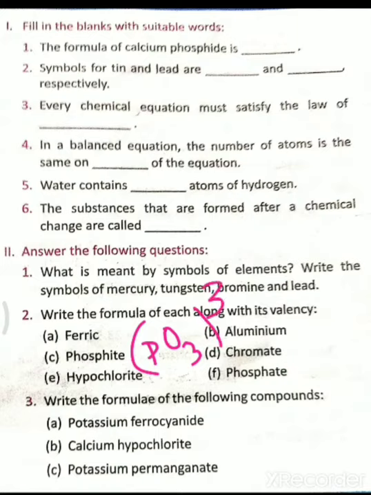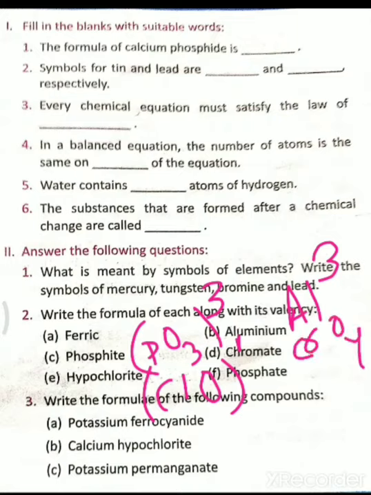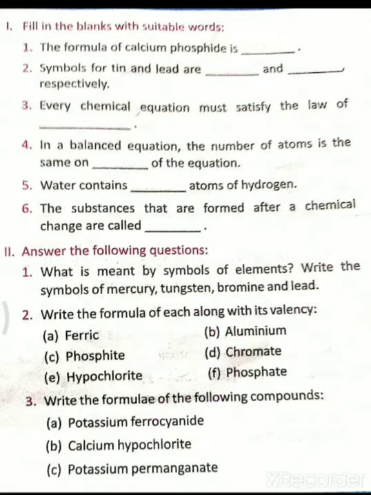Then hypochlorite, the formula is ClO and the valency is 1. Then aluminum is Al and the valency is 3. For chromate, the formula is CrO4 and the valency is 2. Then phosphate, the formula is PO4 and the valency is 3.